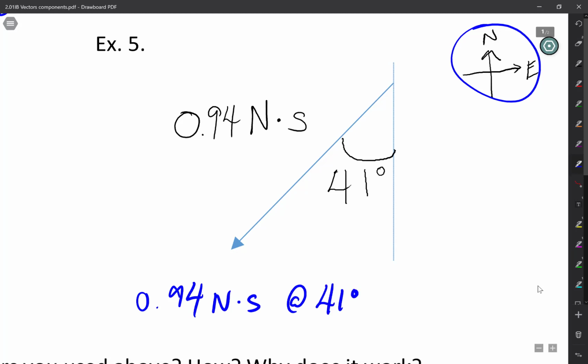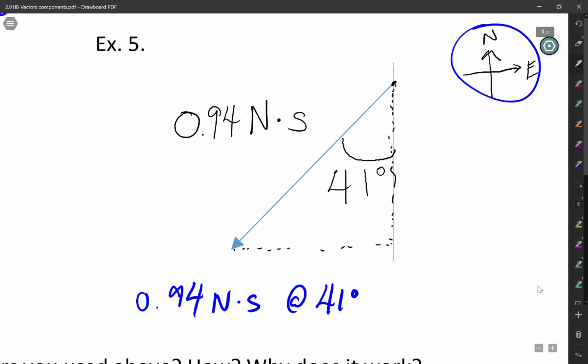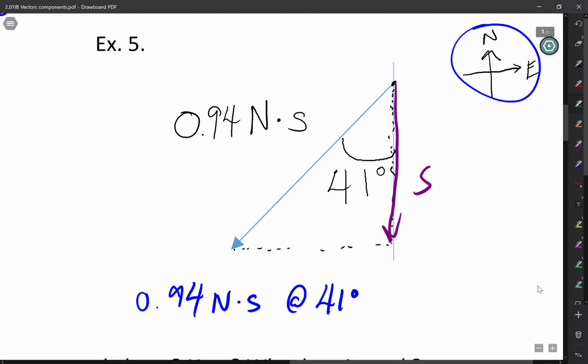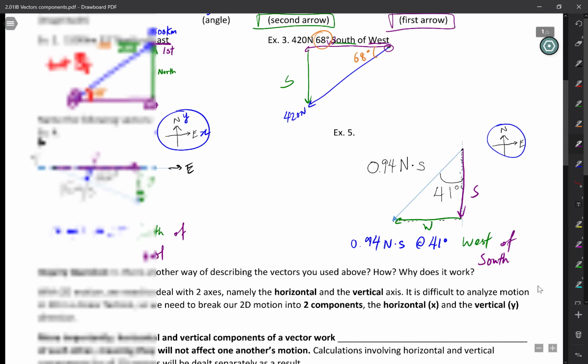First we talk about the angle, and we look at how we can draw a triangle to encapsulate this degree. We start at the base of our vector, we trace out, okay, first we go down south, and then we go west. So drawing this one out, south is first, west is second. But when we name it, it's the opposite. So this is 41 degrees west of south.